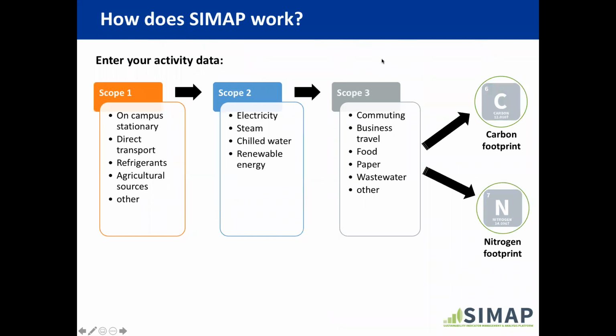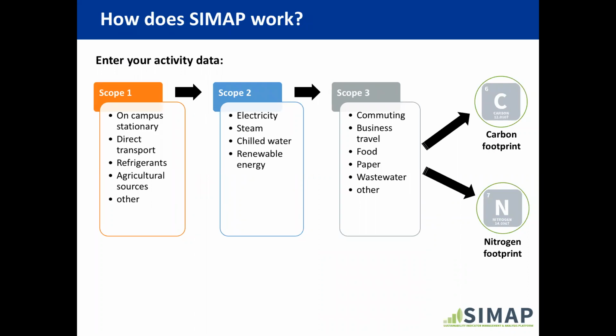And at the most basic level, SIMAP works by taking your activity data and using that to calculate the footprints. So you enter your activity data across categories. Here they're organized by scope. So for example, your on-campus stationary fuel use, your direct transport fuel use, purchased electricity, commuting, and more.